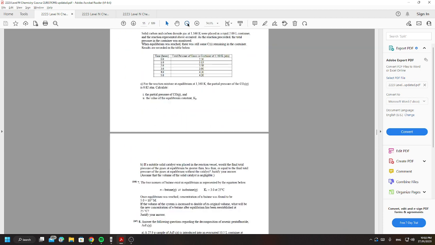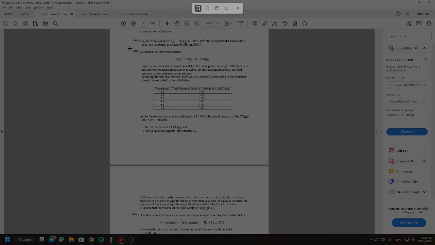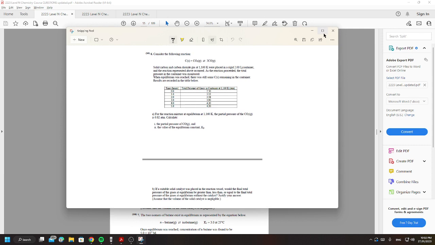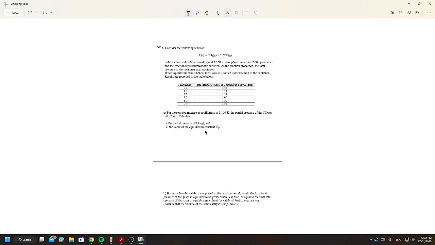Okay, so for part A1, let's find the partial pressure of CO at equilibrium. So here they give us a table.